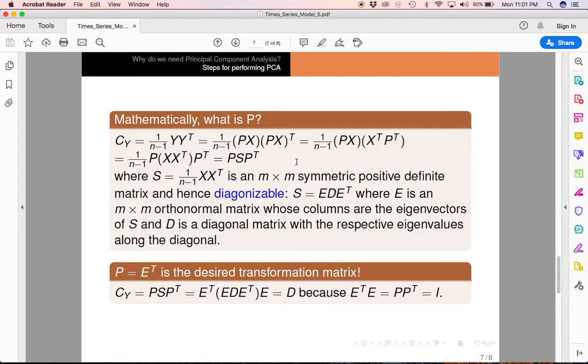And our objective is to make CY diagonal. So if we choose P to be E transpose, from the orthonormality of E, it turns out that CY is diagonal. So our choice of P, the change of basis matrix, should be E transpose, where E is just the columns of the eigenvectors of S.